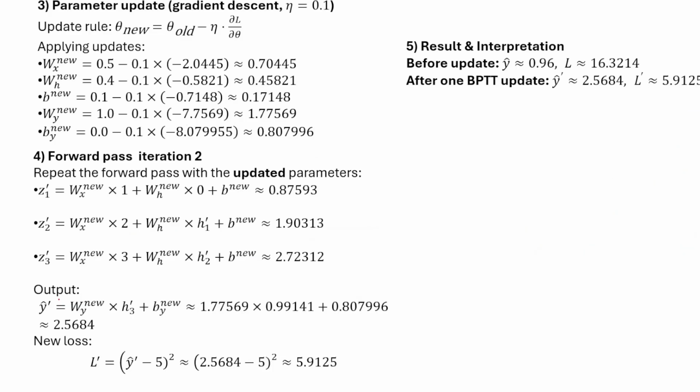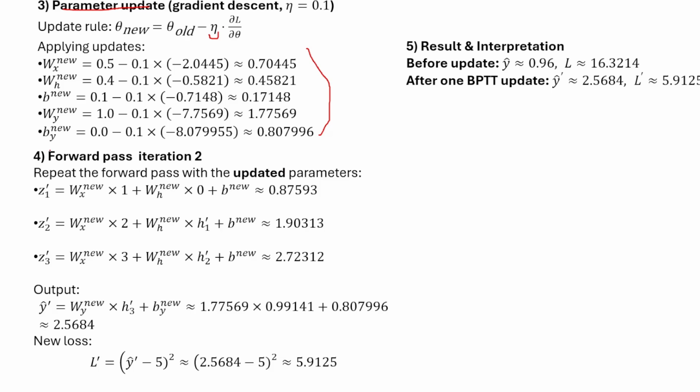So after performing the backpropagation through time, and also multiplying it by the learning rate to update the parameters, we get these new weights and biases.